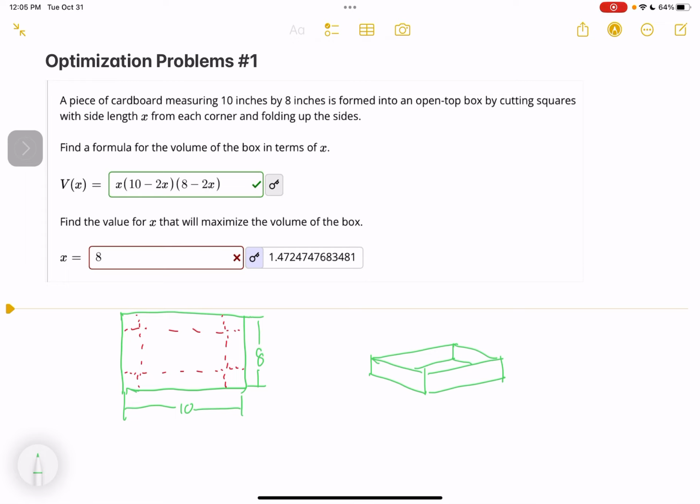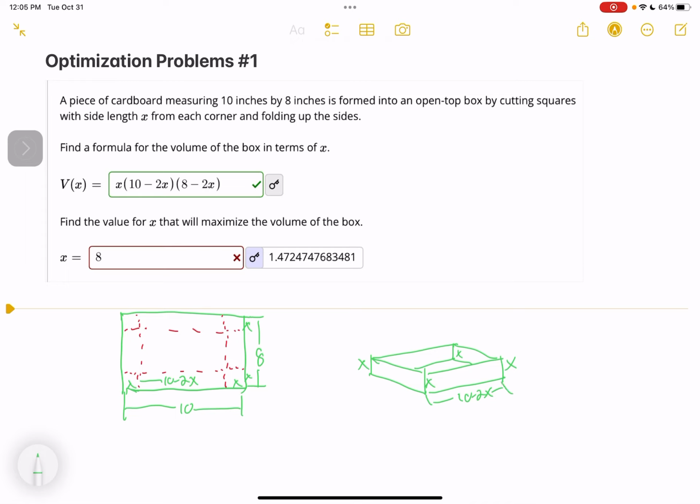Okay. Now in this shape, this height is x for all of these. Now what's left? So if this part is x and this is x and this is x and this is x, this part inside is 10 minus 2x. So here we have 10 minus 2x.